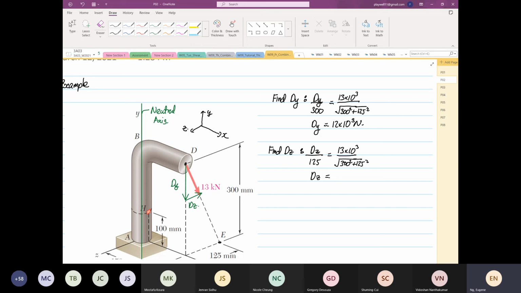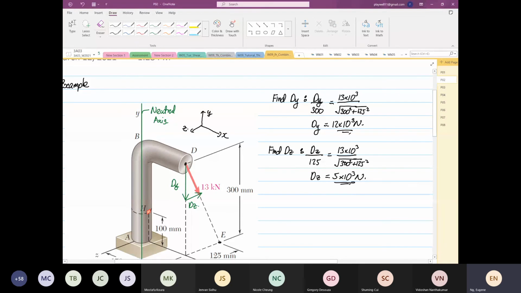So it's equal to 5,000. Yeah, I get 5,000. The square root of the whole thing is 325. Yep, 13 to the power 3 divided by this times 125. So this is 5 times 10 to the power 3 Newton.